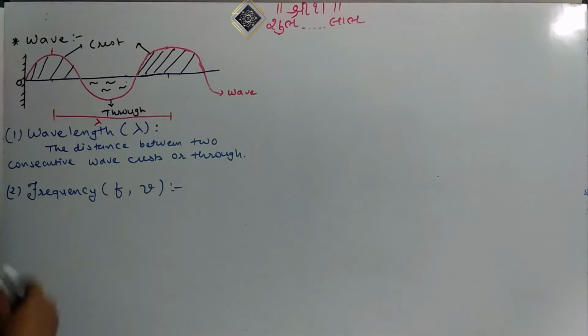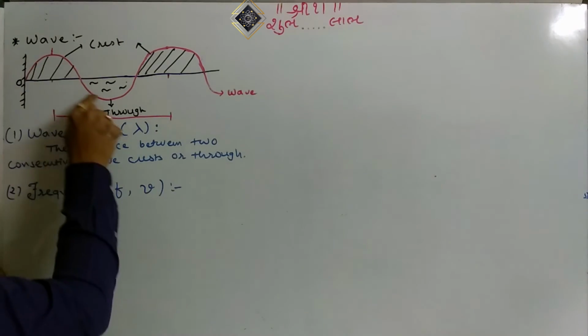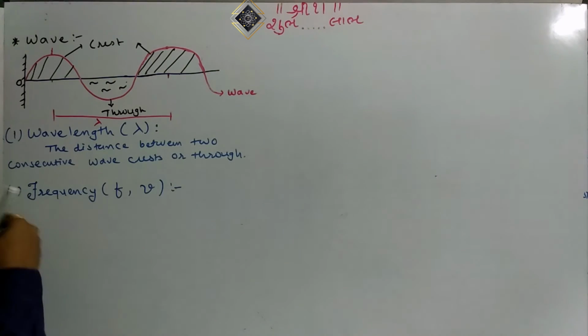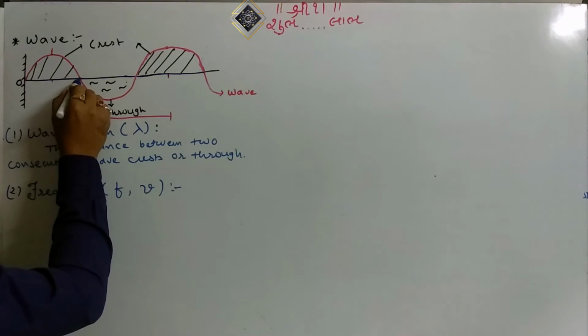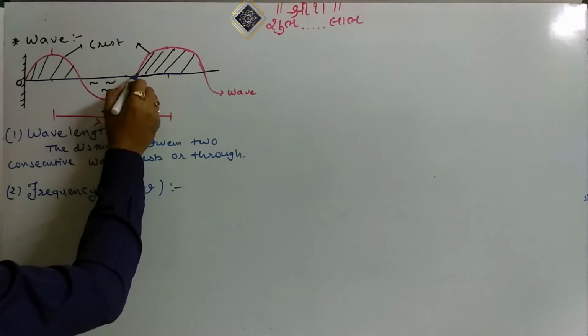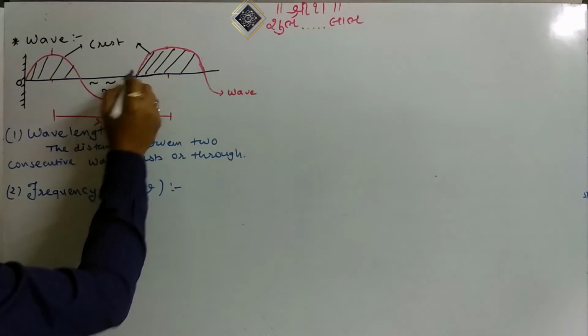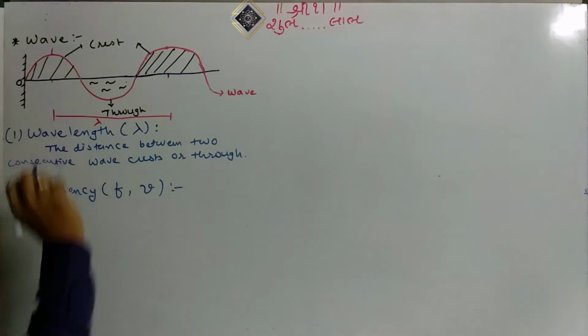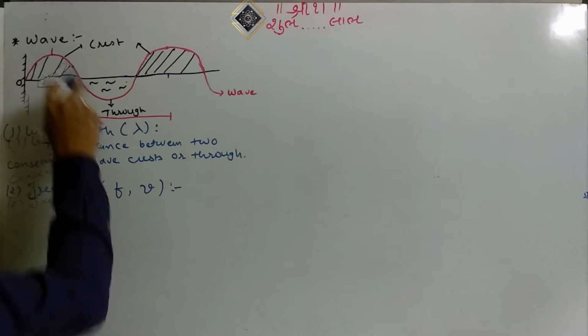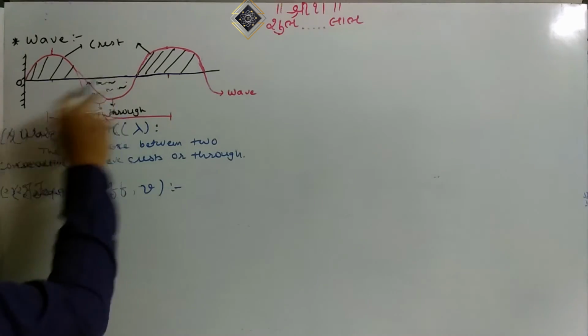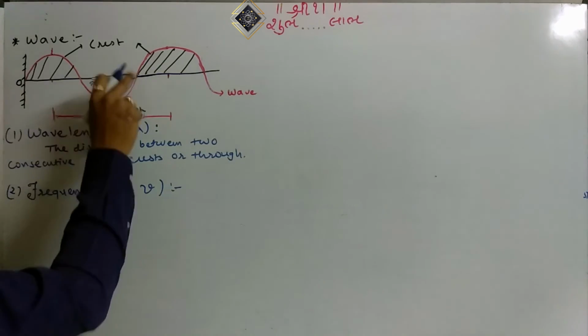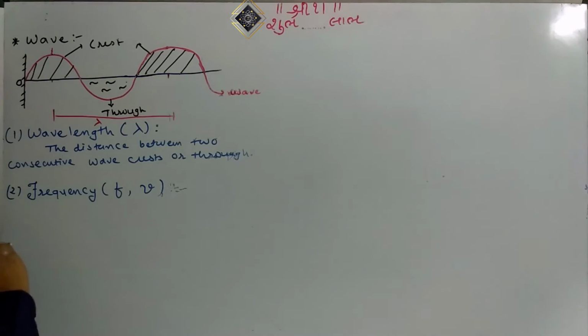Frequency: the number of waves. From the origin, one crest is completed, one trough is completed. This is known as one wave. The number of waves passing in 1 second is known as the frequency of the wave.